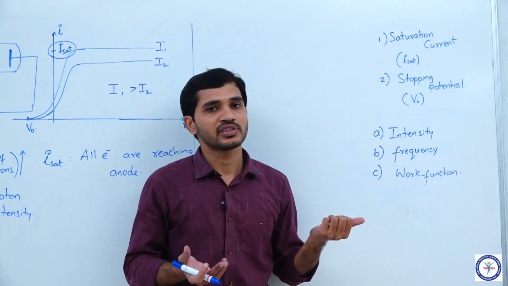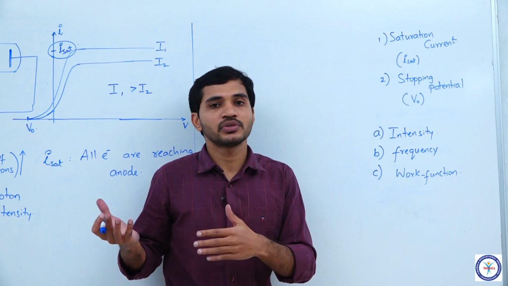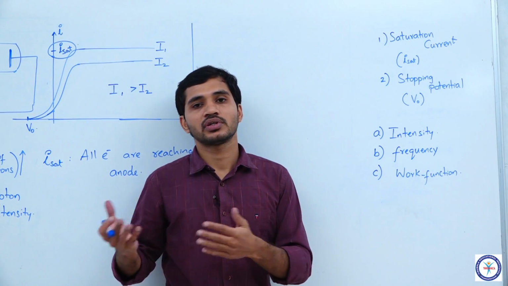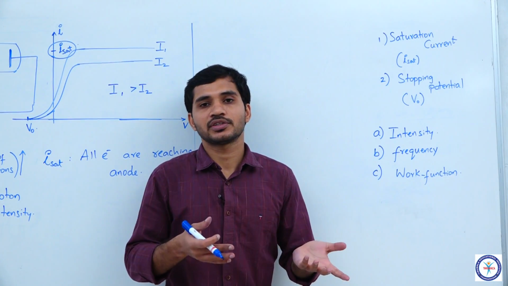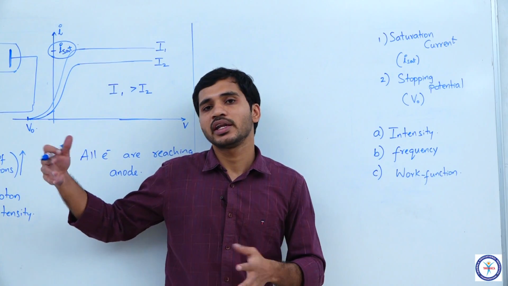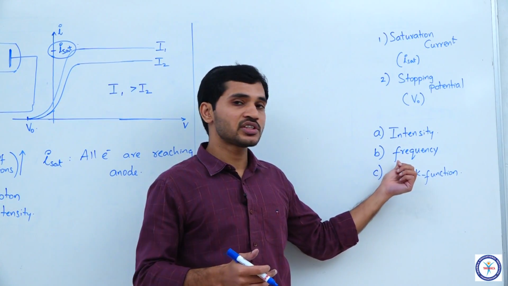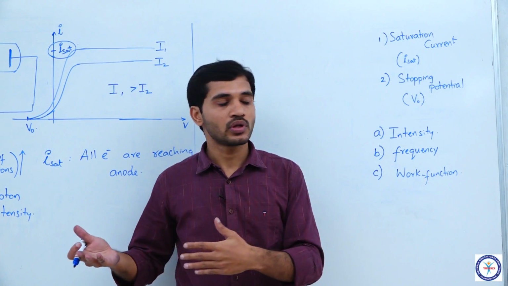Now changing frequency basically means changing the light altogether. So if you were using blue light, you just use red light or orange, or completely out of the visible spectrum, you can use X-rays, you can use any other electromagnetic wave. So changing frequency means you are changing the light as a whole.